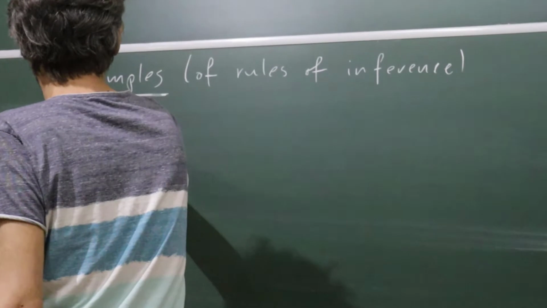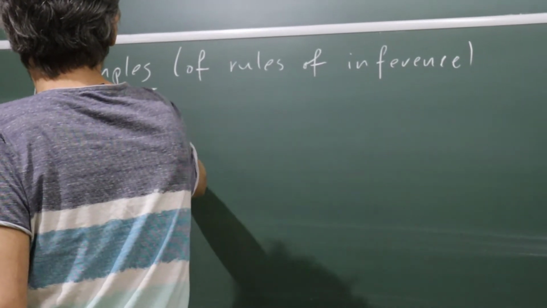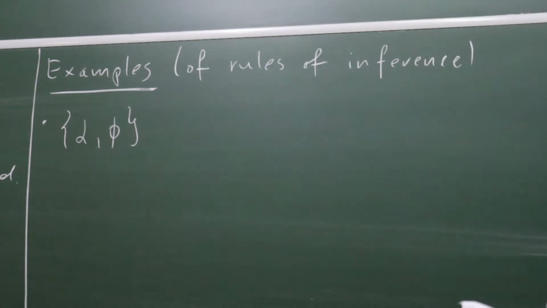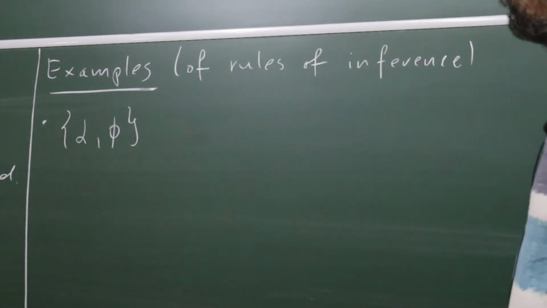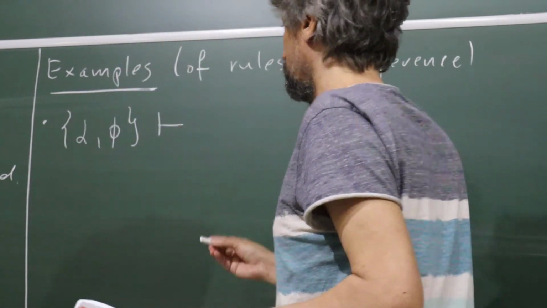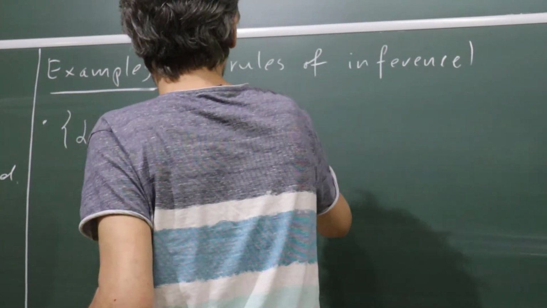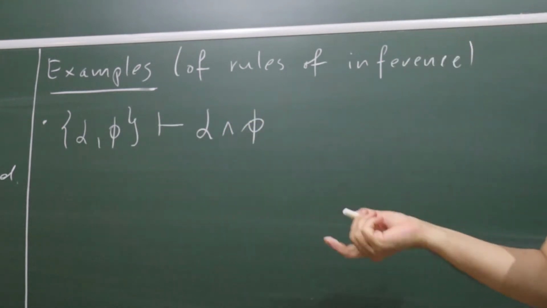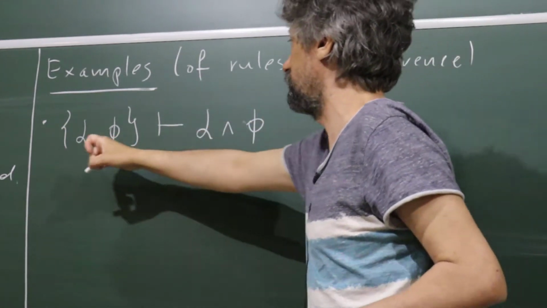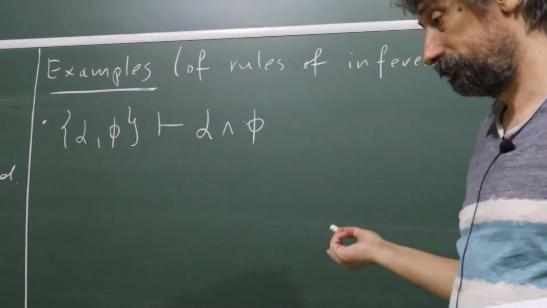For example, if theory T consists of two sentences alpha and phi, then we can infer from it that the conjunction holds. If two of them are here, that conjunction is logically implied by both of them.